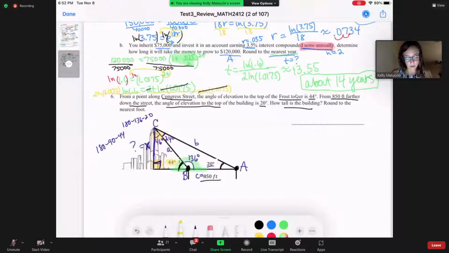So this is where Jakob's question comes into play, because to find x, if I knew either this length or this length, I would just do right triangle trig, because I have everything I need just in this little space. But because, and they did this on purpose in the problem, I don't have any sides.